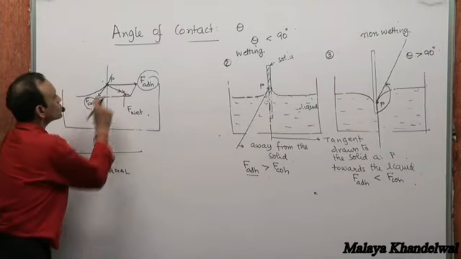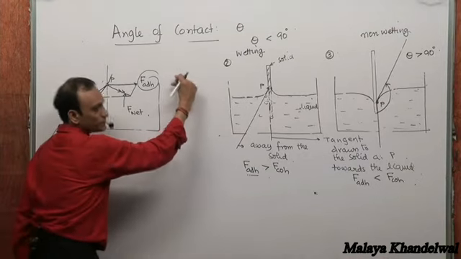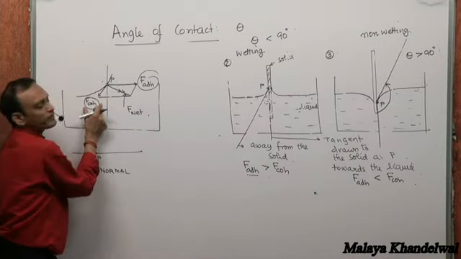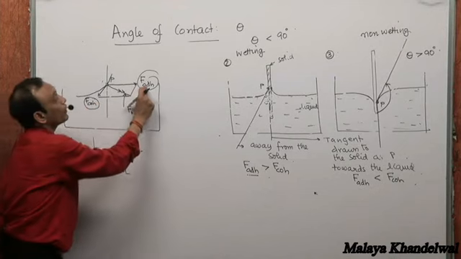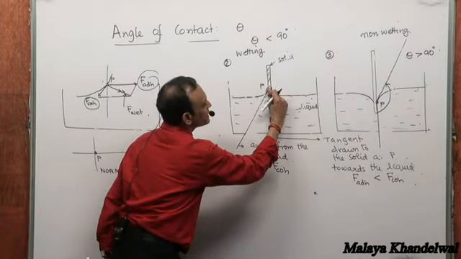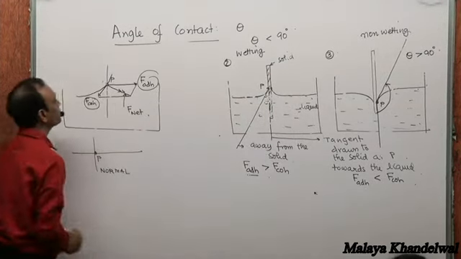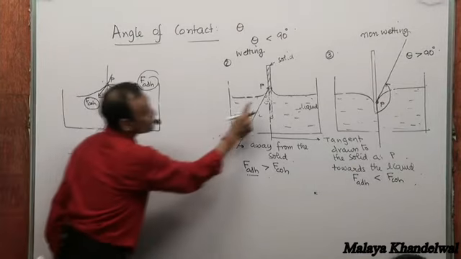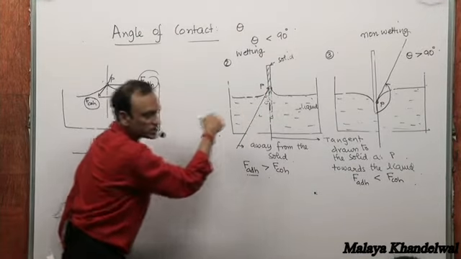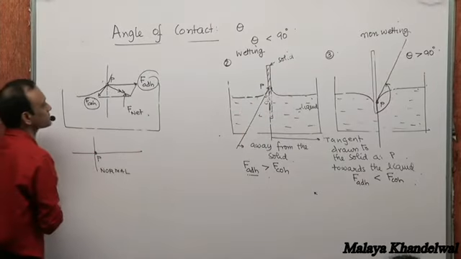Okay. So look at this molecule. It experiences two forces. A force of adhesion, significantly larger than the force of cohesion. Where did this come from? The force of adhesion came from the force that P experienced from this solid. Say it was like this. And then it experienced force of cohesion because of similar molecules in its proximity. Say it was like this.